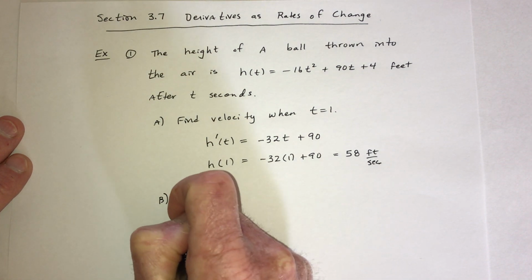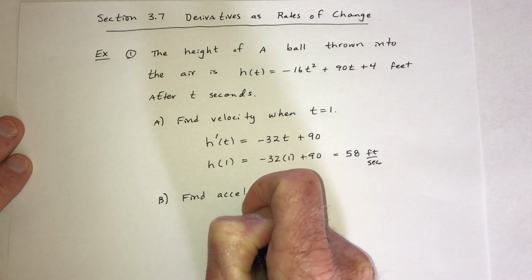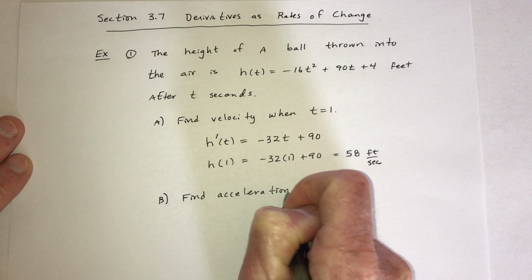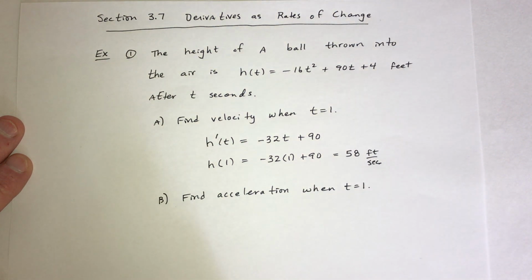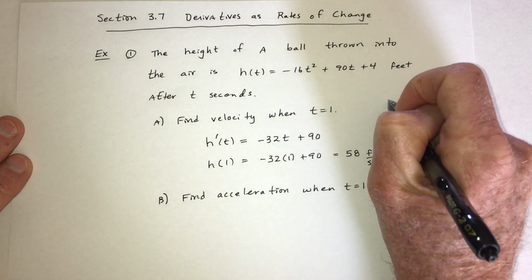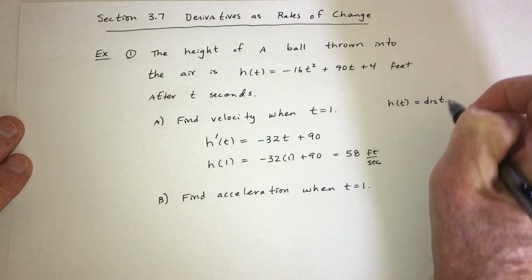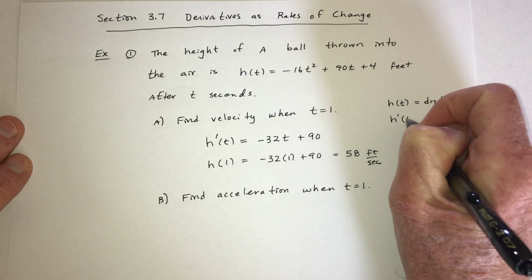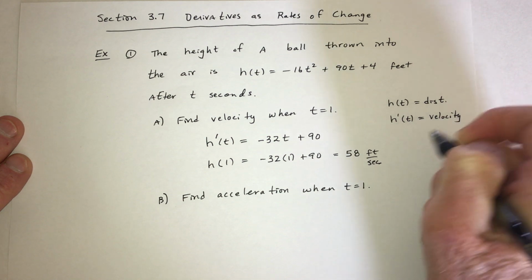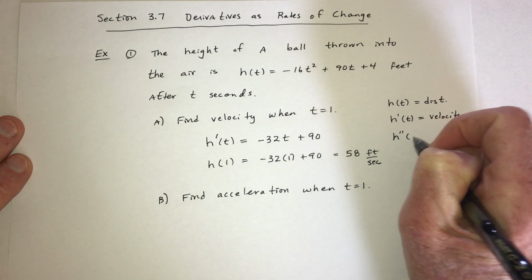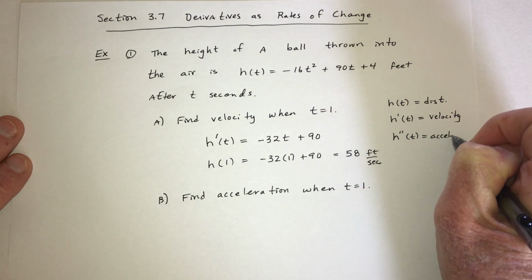Part B, find the acceleration when t equals 1. So if the original function gives you a distance, then its derivative will be the velocity, and the derivative of the derivative, or the second derivative, that will give you acceleration.